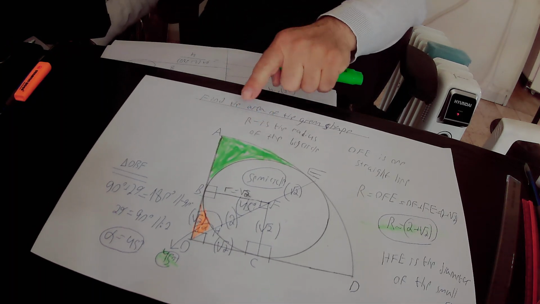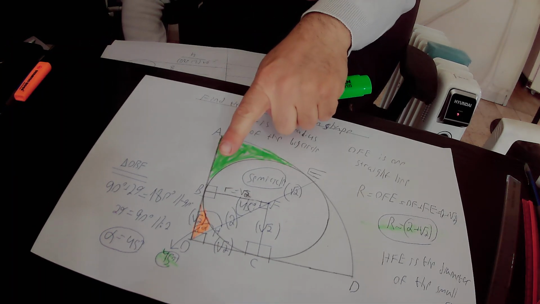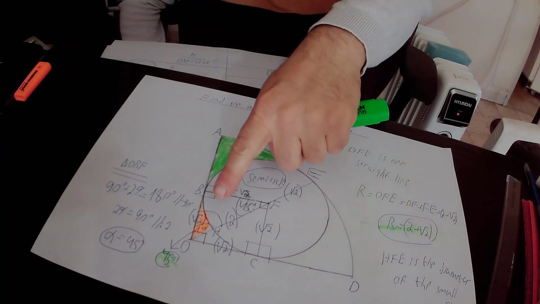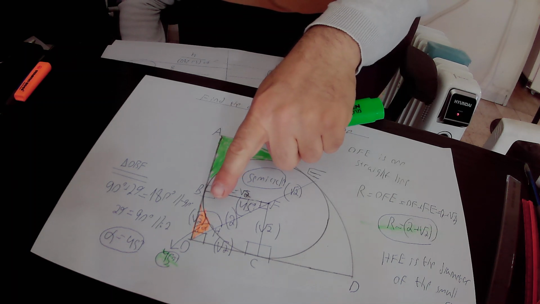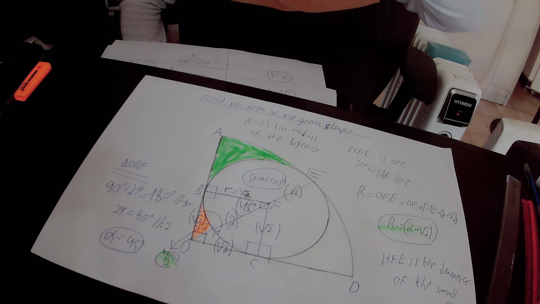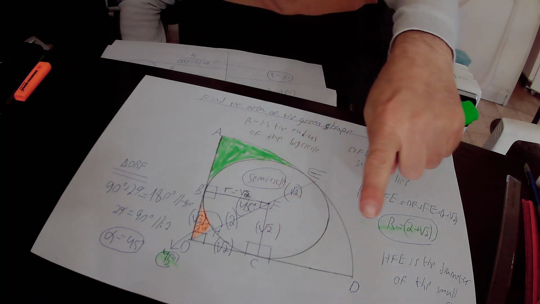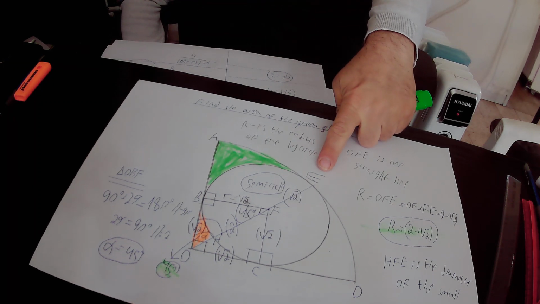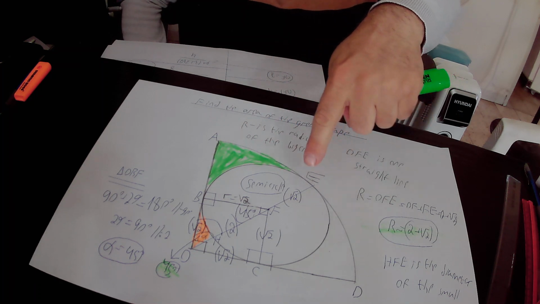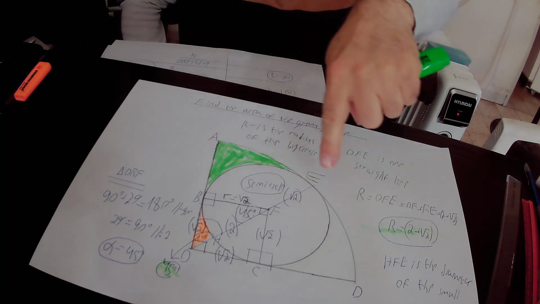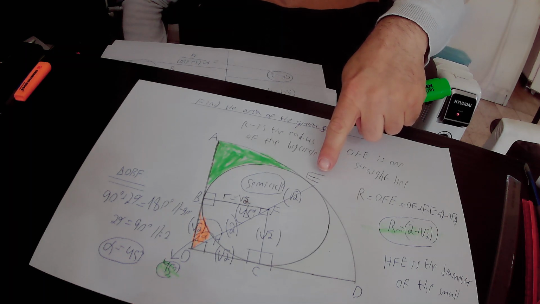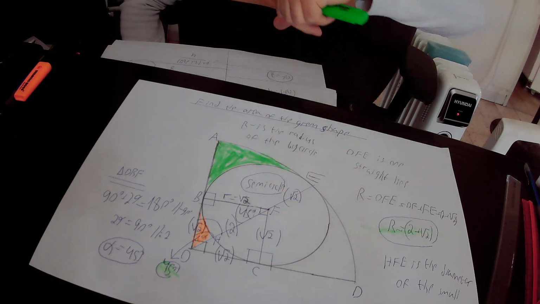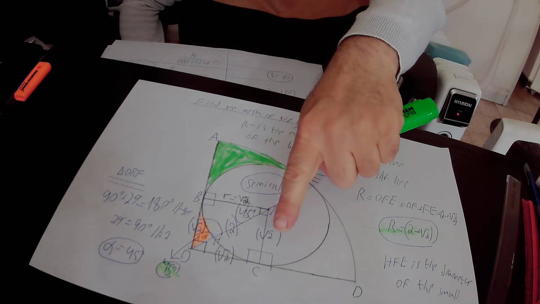We defined this point as A, this point as B, and this point, the center of this quarter circle, as O. We defined this point as C, and this point as D. This point is the touching point between this small circle and the big quarter circle. We defined this touching point as E, and finally we defined the center of this small circle, this point, as F. Then we join points F and C together by a straight line.